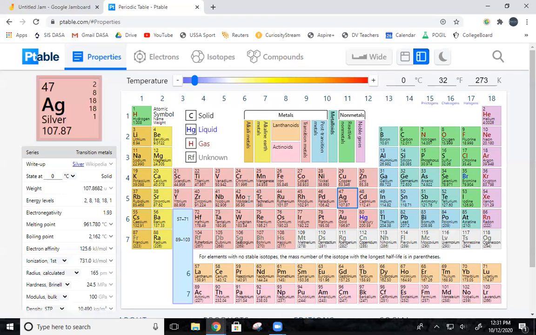So making alloys is one of the most important topics of study for material scientists. Material scientists spend a lot of time understanding how alloys work.